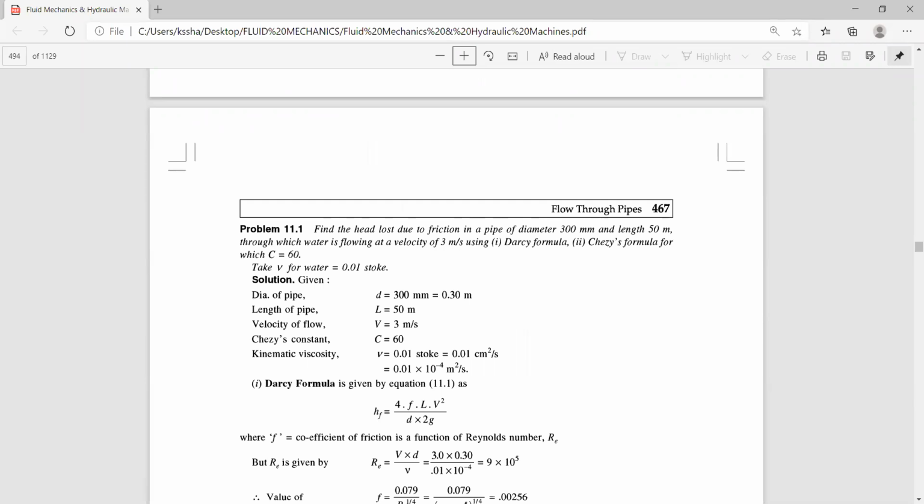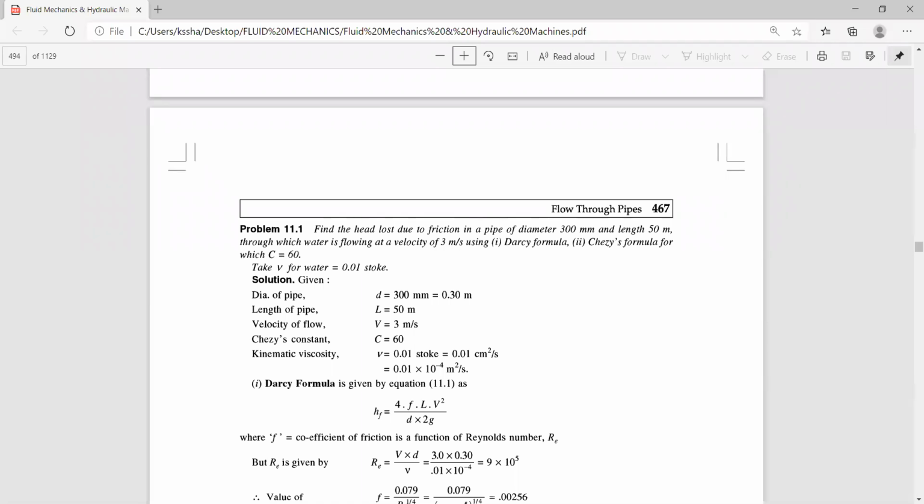So what is the first problem? Find the head loss due to friction in a pipe of diameter 300 mm and length 50 meter. What we are trying to say is, we have to find the head loss due to friction in a pipe whose diameter is 300 mm and length is 50 meter, through which water is flowing at a velocity of 3 meter per second.